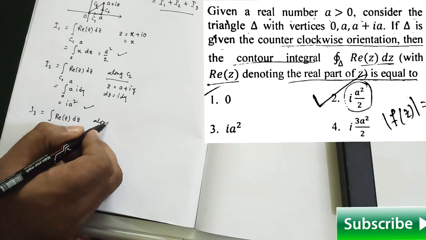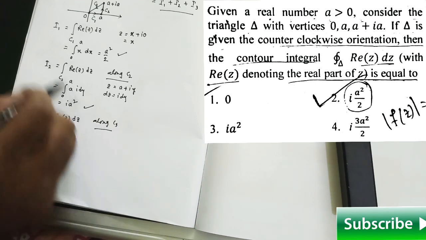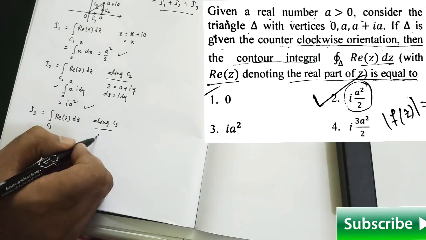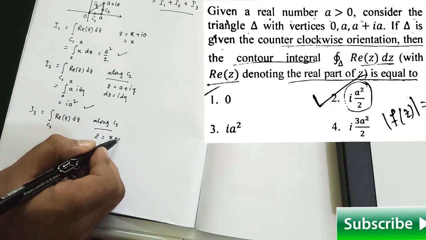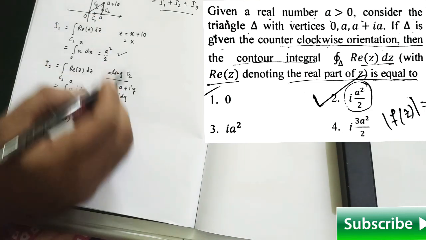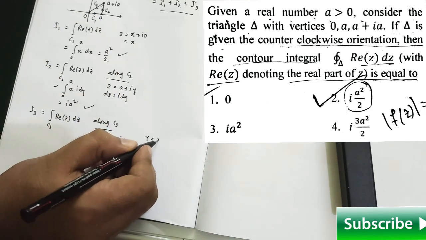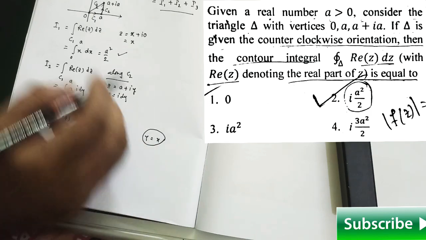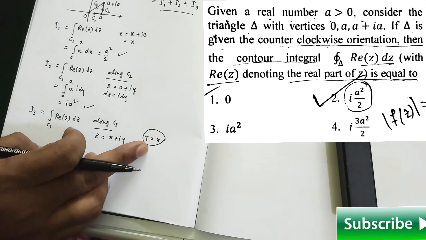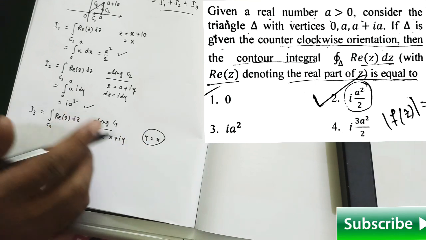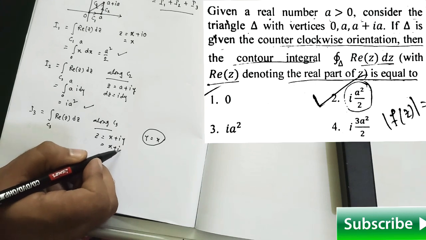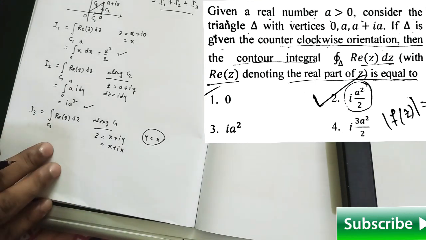Now observe, along this C3, your z is equal to x plus iy, but here along this path you have y is equal to x, because this straight line is nothing but the y is equal to x straight line. So you have the relation y is equal to x. Just plug here and you will have x plus ix.